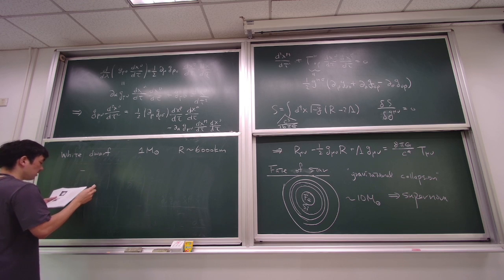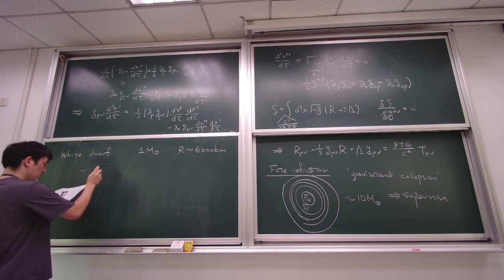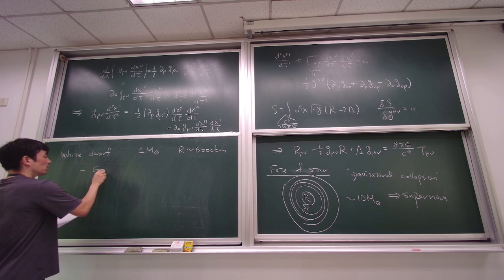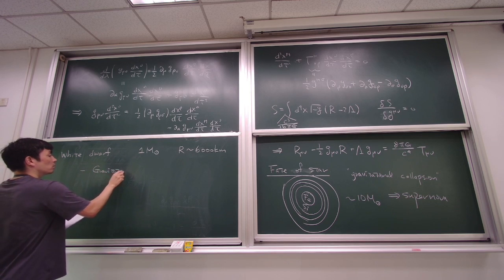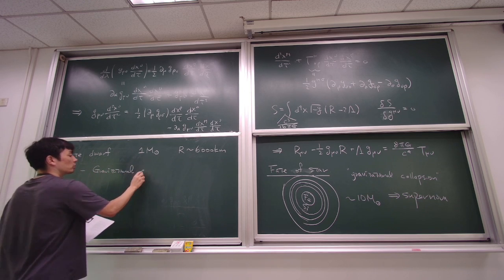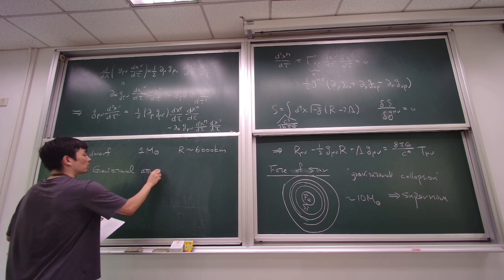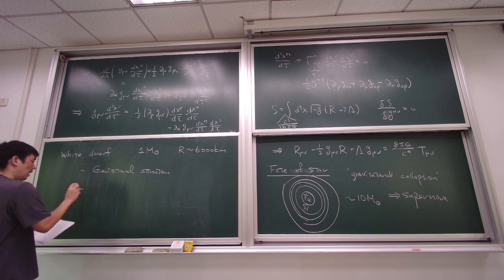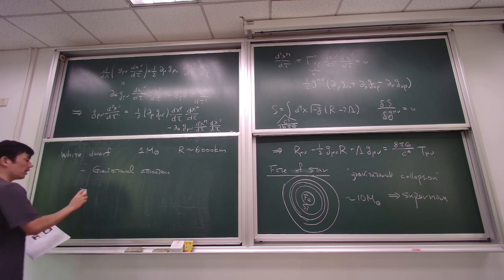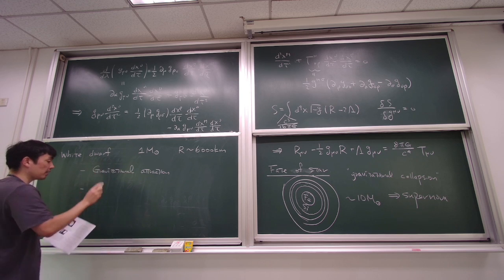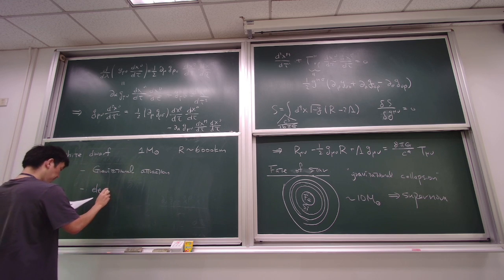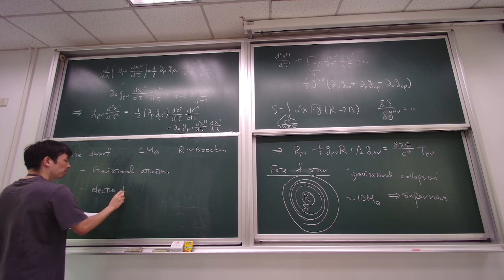So in fact, there is gravitational attraction, against so-called electron degeneracy pressure, a very dense electron degeneracy pressure.